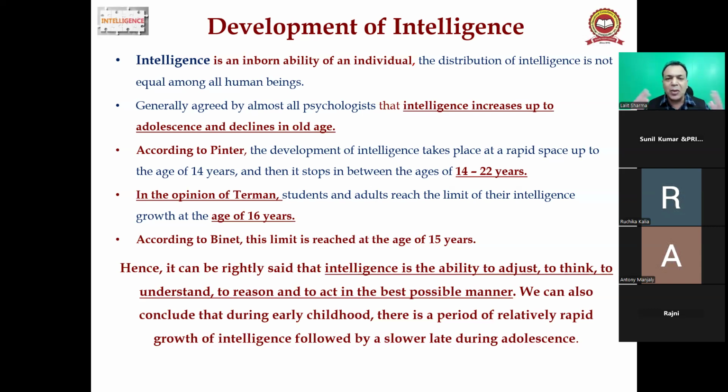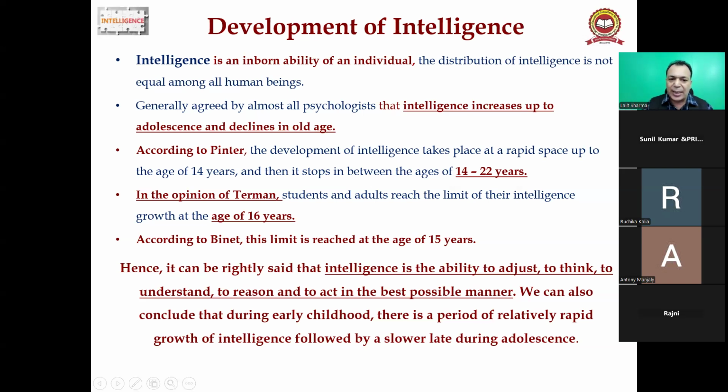They always complain to God also. So they are not intelligent basically. If they know how to adjust themselves, they are intelligent. Intelligence is the ability to adjust, to think, to understand, to reason, and to act in the best possible manner.